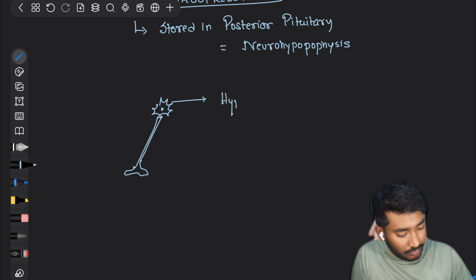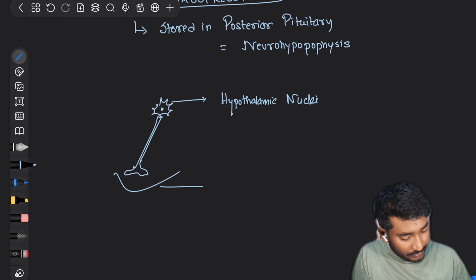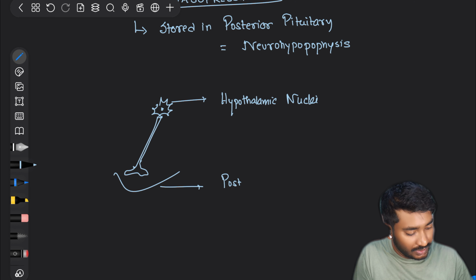This is the hypothalamic nuclei, and this is the posterior pituitary.